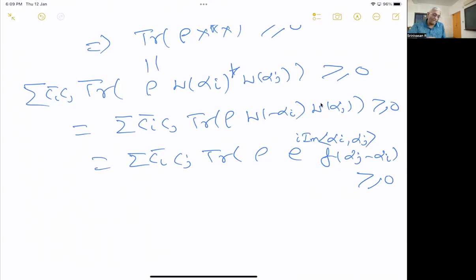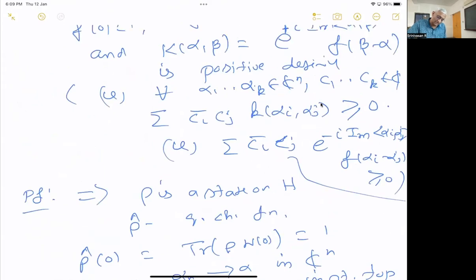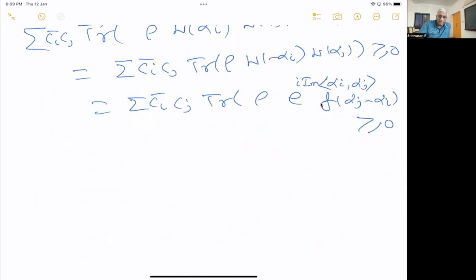If you want to put alpha j, alpha I, then it can be minus. Minus will come out. So minus will cancel and it's plus. So this is positive definite. Hence this function is positive definite. Whatever function we have stated, that is positive definite. So we have proved the properties of the characteristic function.